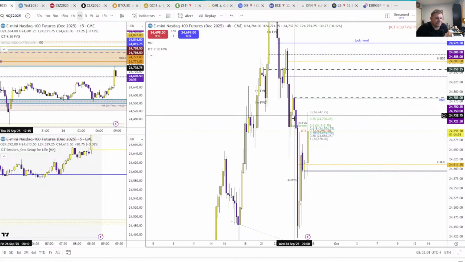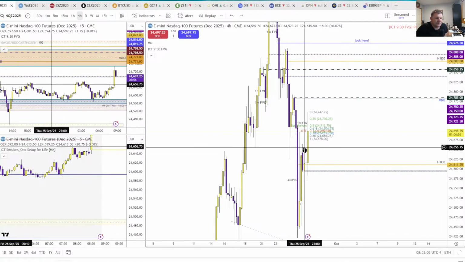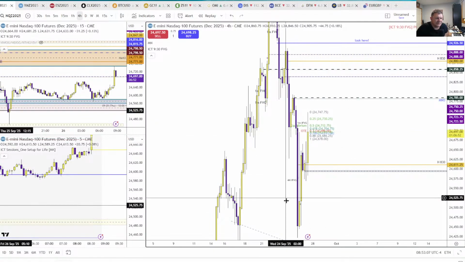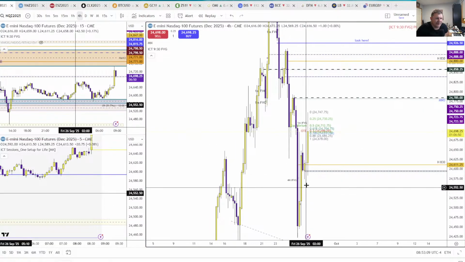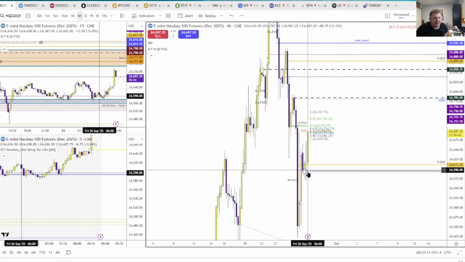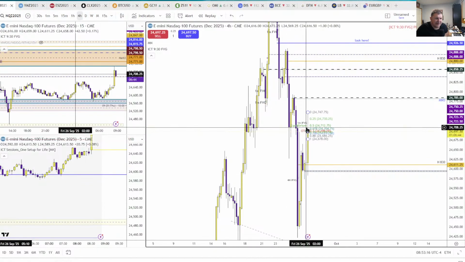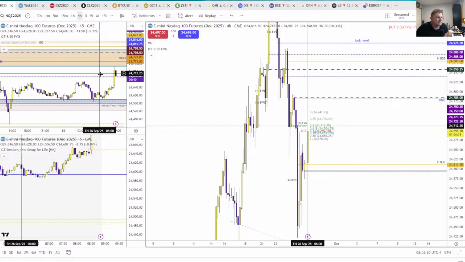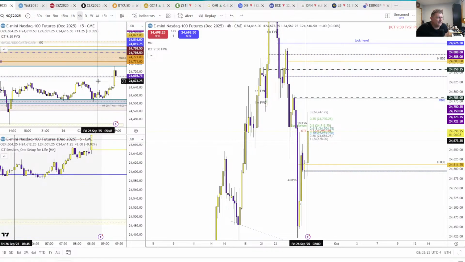SIBI. So far holding price. This is all immediate rebalance right here. So they're going to treat this like an open fair value gap. We'll see if we trade above it, and look for a retracement. It could be anywhere inside that whole thing today. At least look for 673 on the downside.